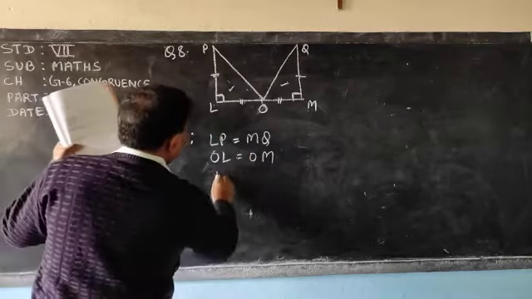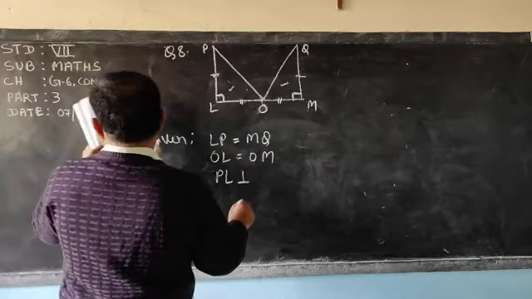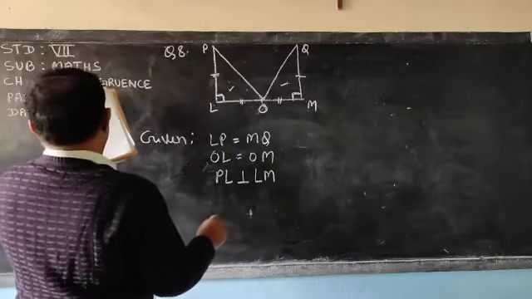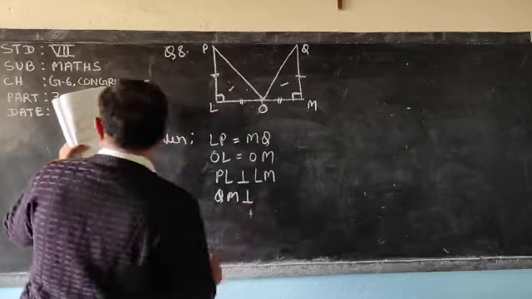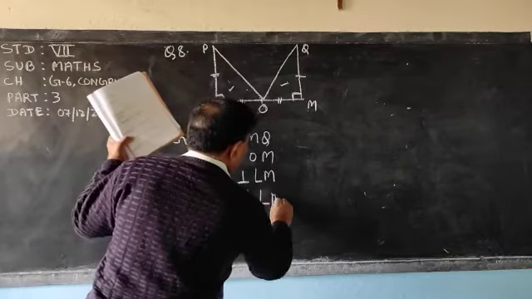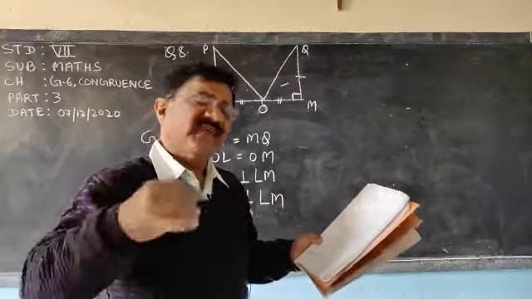PL is perpendicular to LM. QM is perpendicular to LM. This opposite T sign means perpendicular, and perpendicular means 90 degrees.